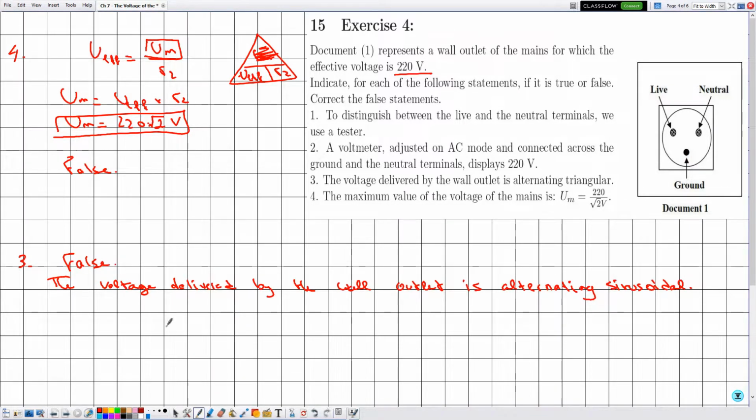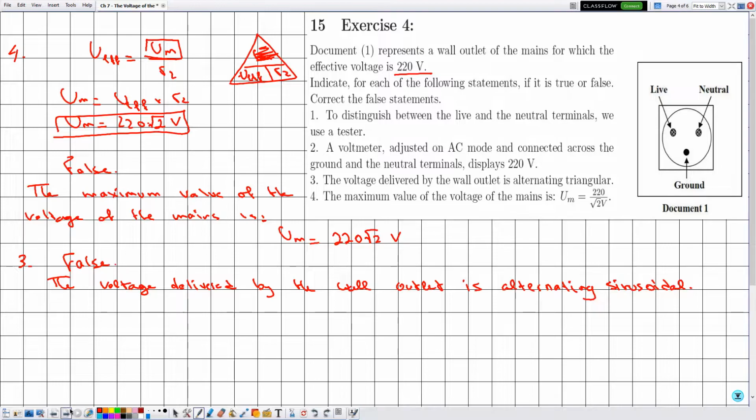And now let's rewrite it correctly. The maximum voltage, or the maximum value of the voltage of the mains, is UM equal to 220 square root of 2 multiplied by V, or 220 square root 2 volts.